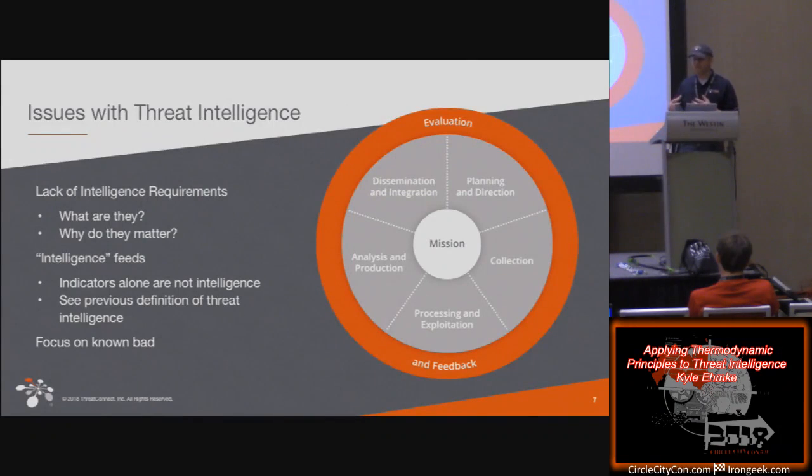So now that we've established what threat intelligence is, let's talk about some of the issues with it. I would argue that threat intelligence is still more of a niche occupation within the cybersecurity world. At many organizations, incident responders or SOC personnel might be dual-hatted as a threat intelligence analyst.